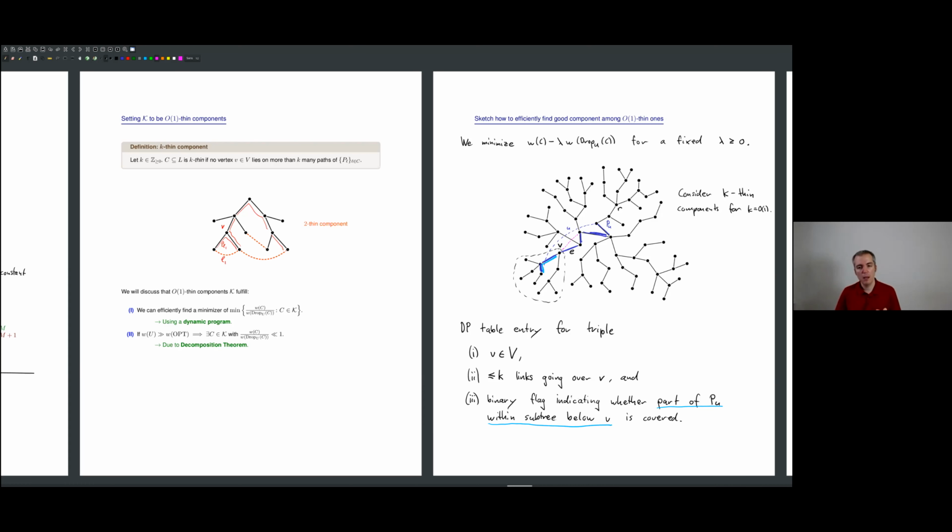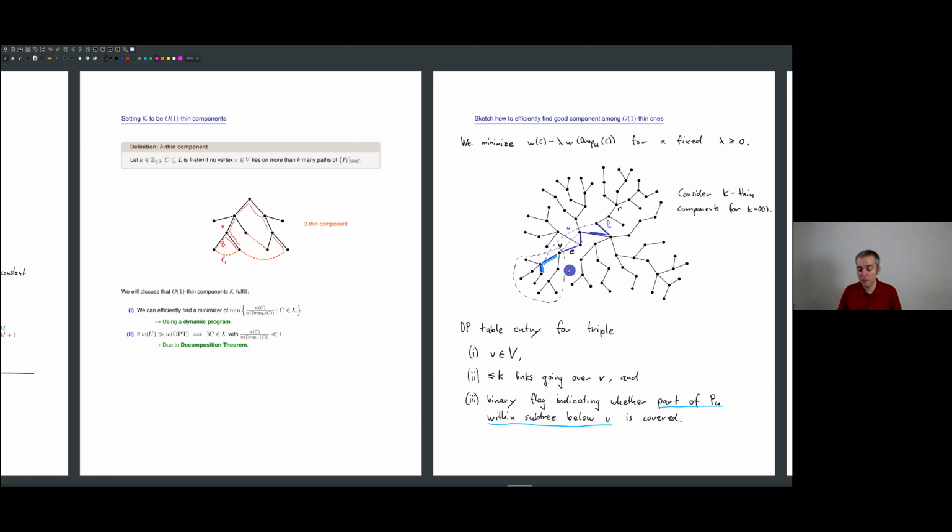Because the uplink solution is disjoint, there's only at most one link U that will cover something inside the subtree and something outside. Therefore, I just need one binary flag to understand the interaction between inside and outside, namely for that uplink. Otherwise, if there were more, I would need one for each uplink that covers something inside and something outside.